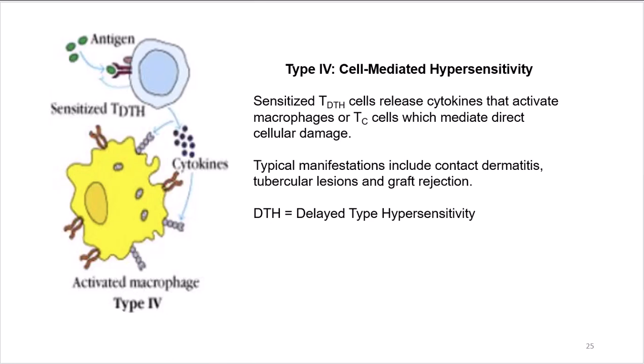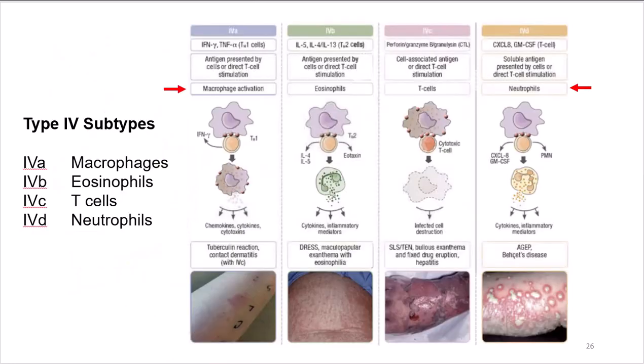So where a normal innate immune response can happen almost immediately, these cell-mediated types can take hours before there's a response, because it takes time for the message to get to the cells that need to then be kind of upgraded.